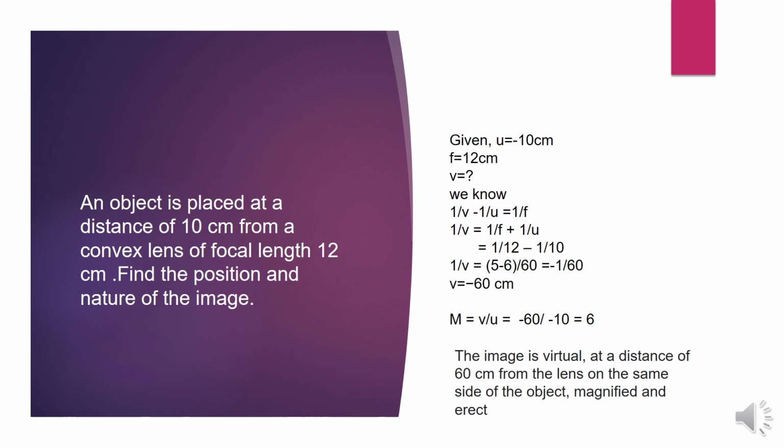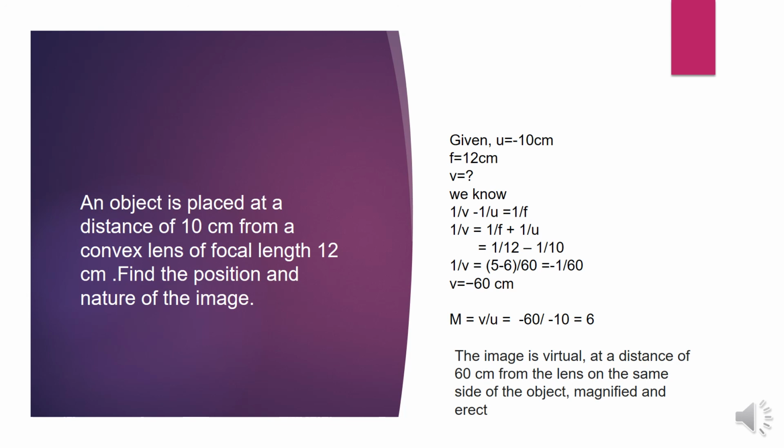Write the formula. 1 by V minus 1 by U is equal to 1 by F. Leave 1 by V on the left hand side. It goes 1 by F plus 1 by U because the sign will be changed. Substitute the values. 1 by 12 minus 1 by 10. Because it is a convex lens, focal length is plus. So the V value I will get is minus 60 centimeter.